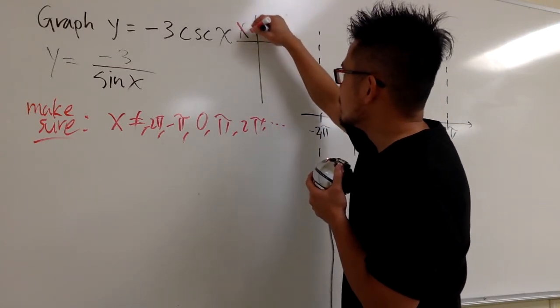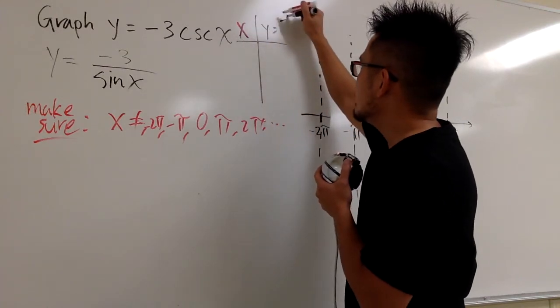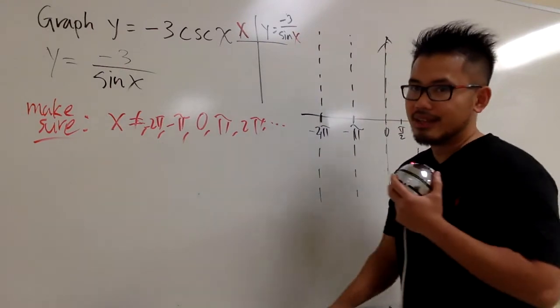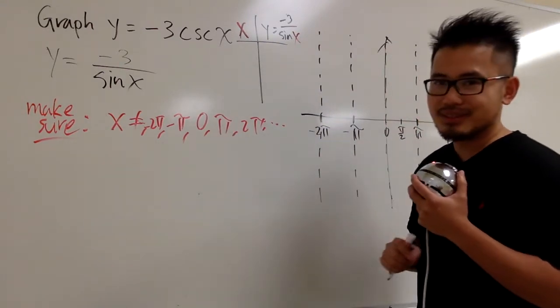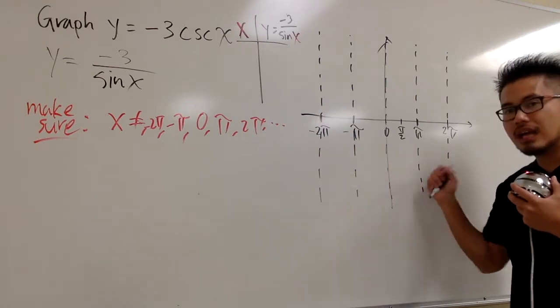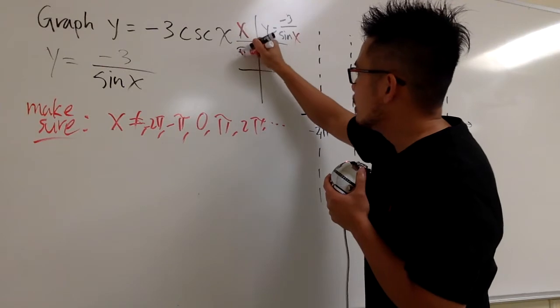I want the x to be in red, like usual. And the y values is negative 3 over sine of x. This time I cannot plug in 0. I'm going to plug in the number that's in the middle of the asymptotes. The first one I'm going to use is pi over 2.